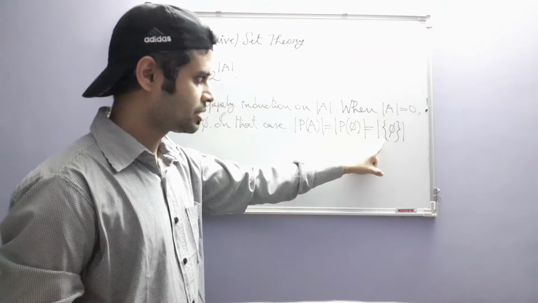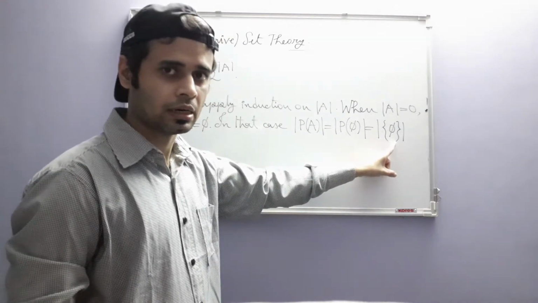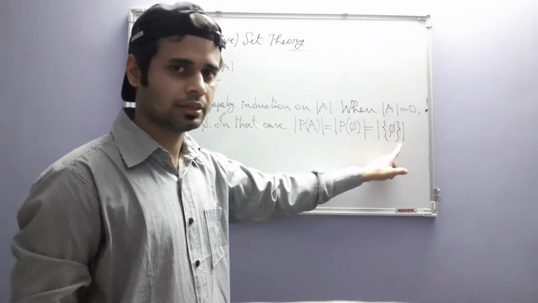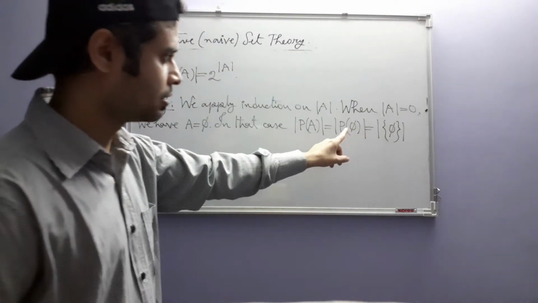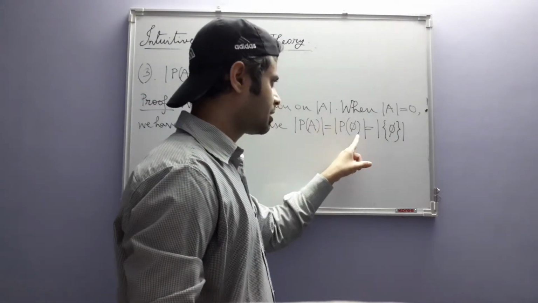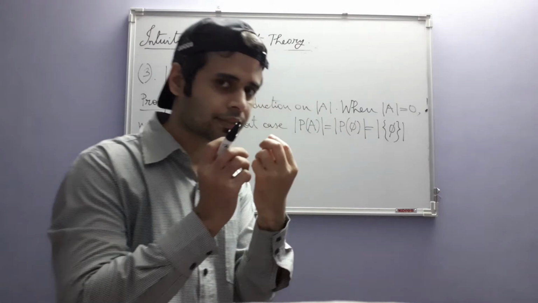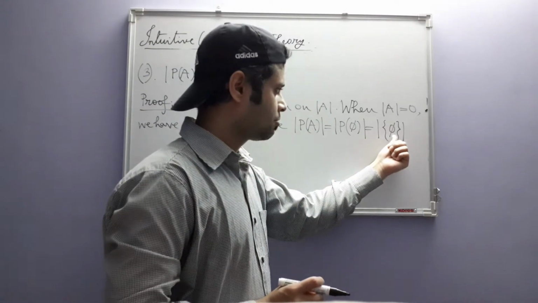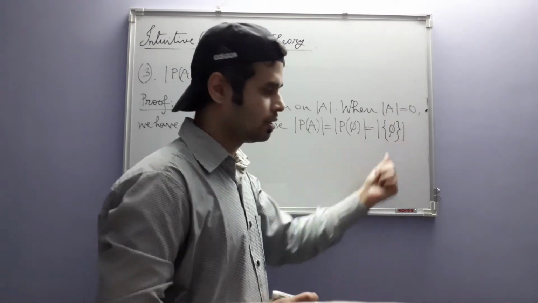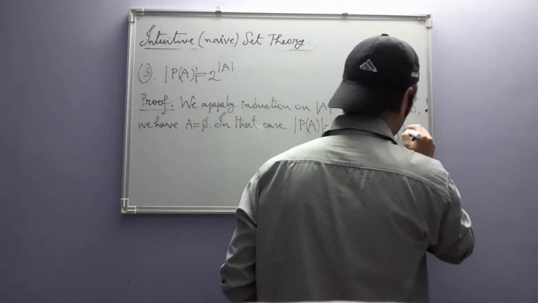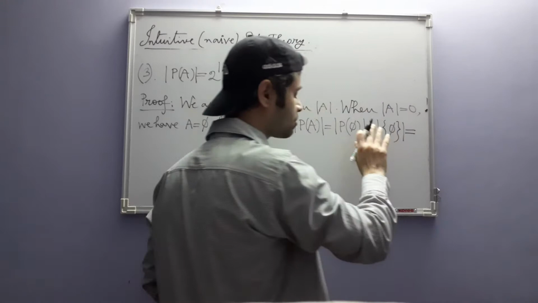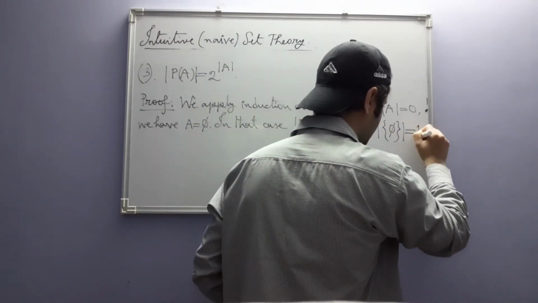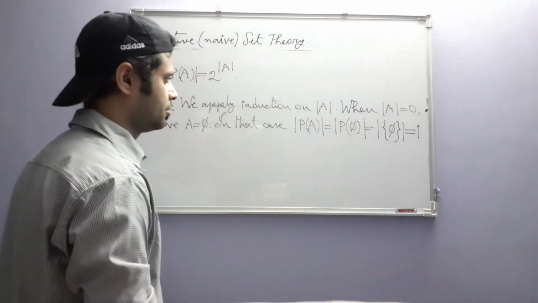Don't make the mistake of writing empty set here without any brackets. Okay, that would be a terrible mistake, because power set of empty set has subsets of empty set, and there is only one subset, the empty set itself. So this is not 0, but this is 1, because this is a singleton set.